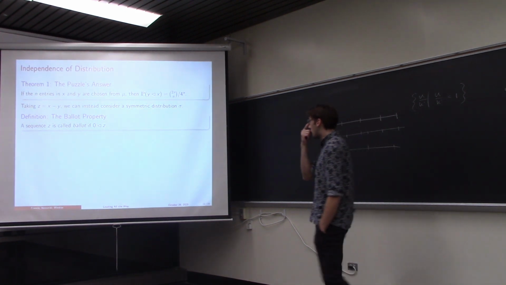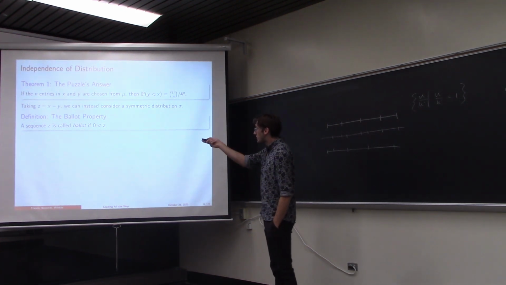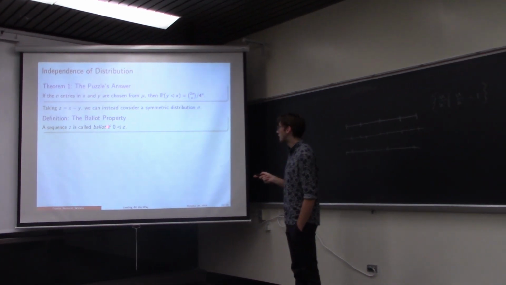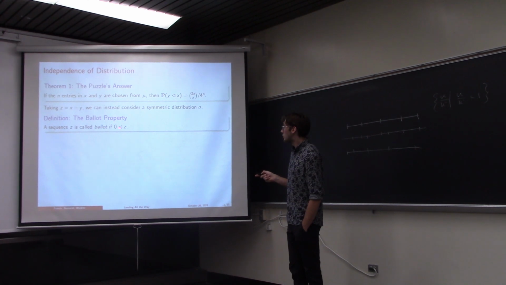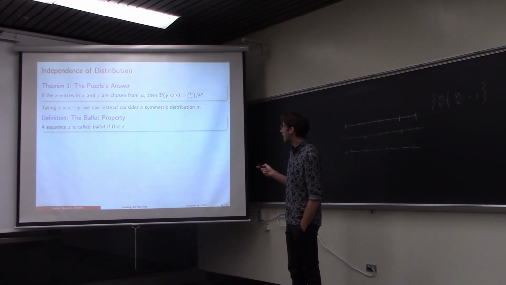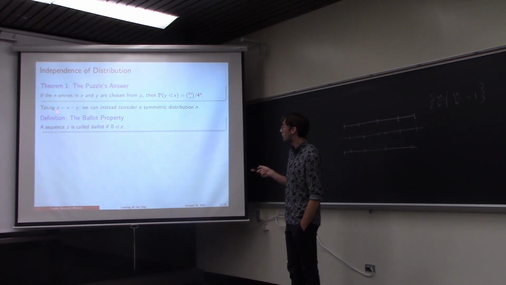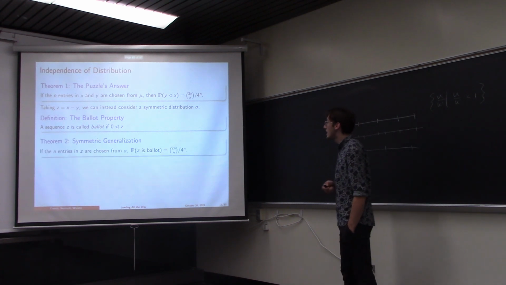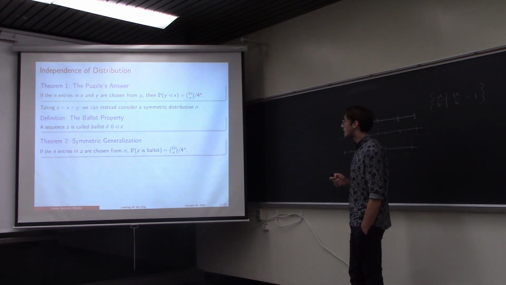And so we got the ballot property. A sequence Z is called ballot if Z majorizes 0. So this is equivalent to saying that X majorizes Y if X minus Y is equal to Z, just subtracting it to the other side. And here's the symmetric generalization.